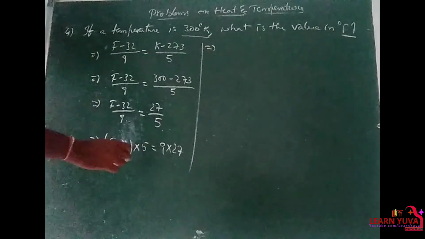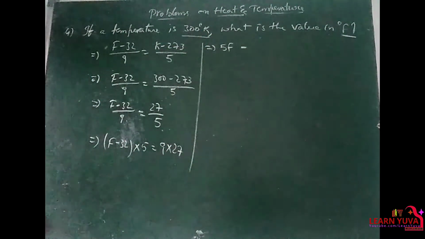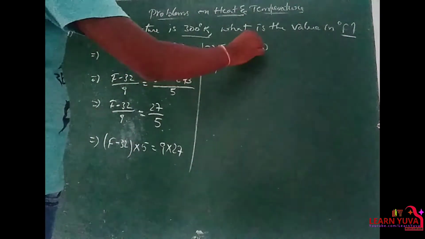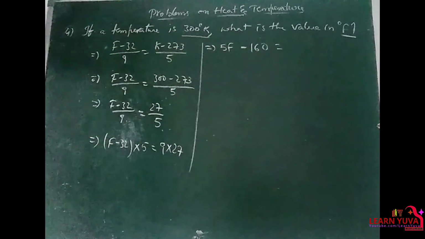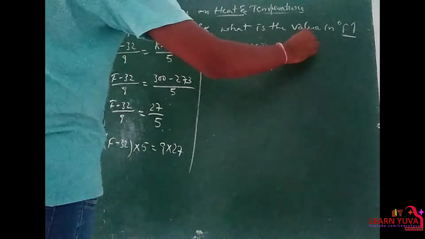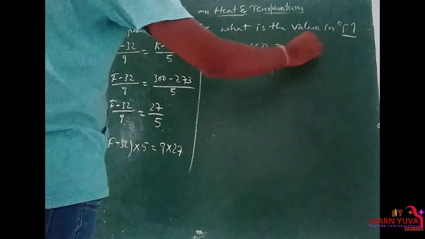That implies 5F minus 5 into 32, which is 160, is equal to 9 into 27, which is 243.